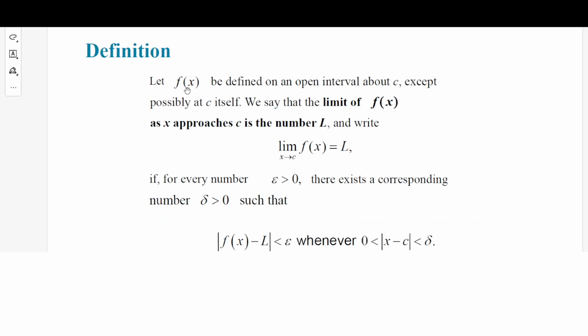Okay, let's start with this definition. At first, this definition looks not so simple, but I'll try my best to give you examples which might make sense. After that example, this definition will make sense. Okay, this is where you need to focus. The limit of the function when x approaches c is L. Let's say this is the given information.